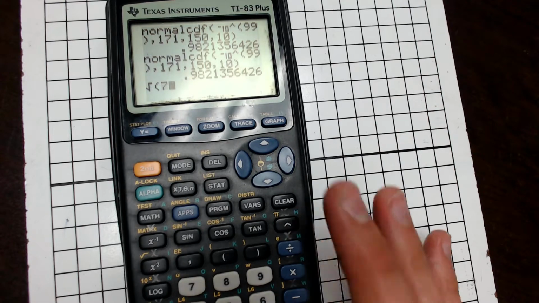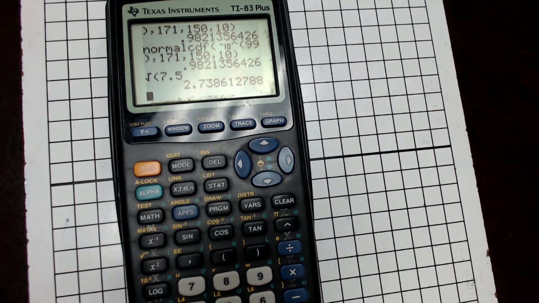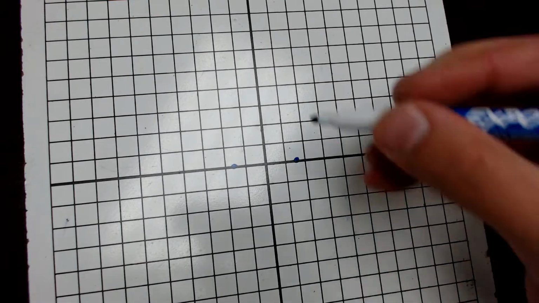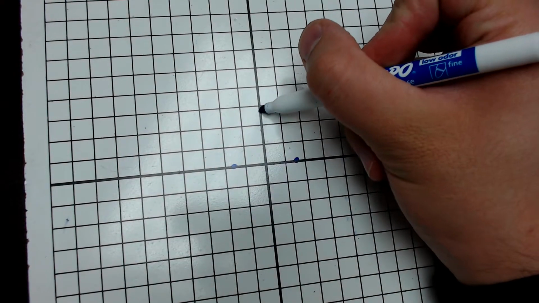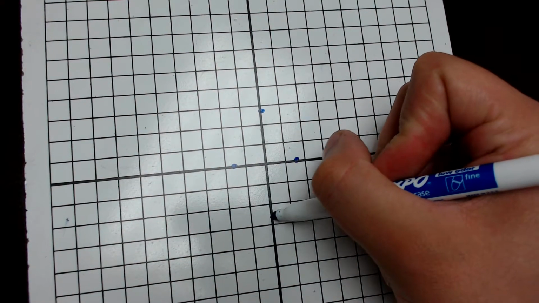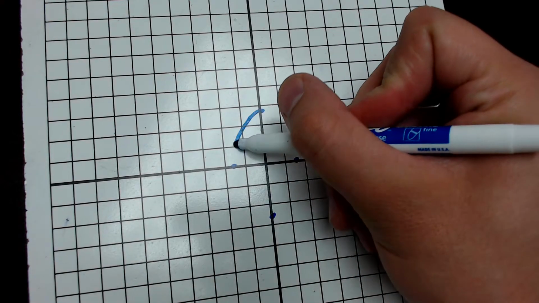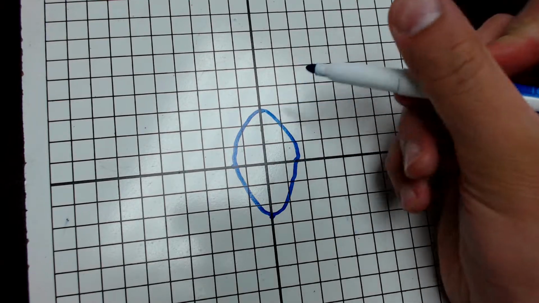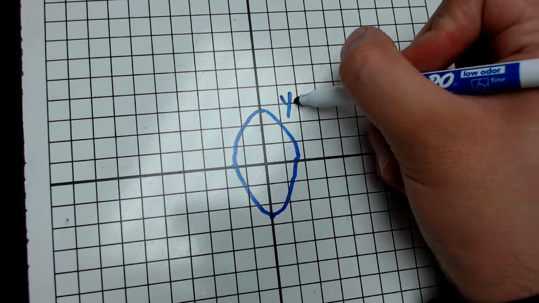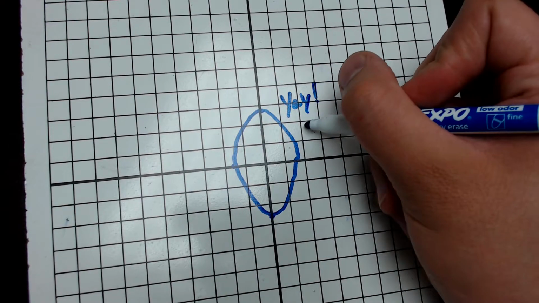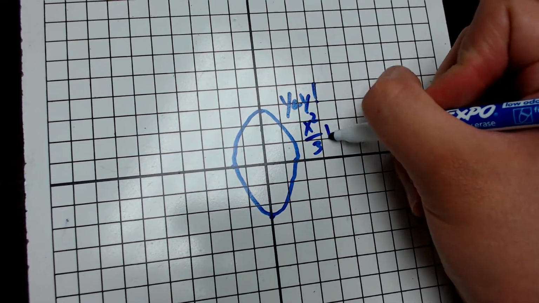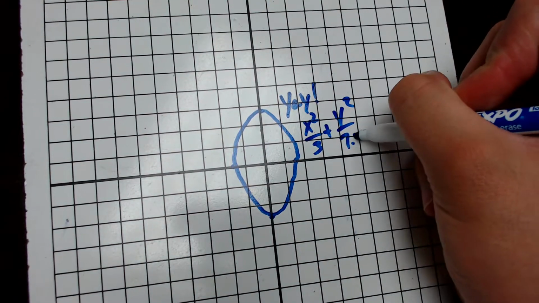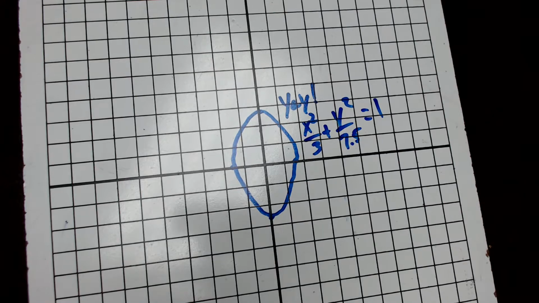Square root of 7.5 equals 2.738 or 2.74, or just 2.7. So for the y-axis, I'll go almost to 3. And then, ta-da! I drew my ellipse. Yay! This is x squared over 3 plus y squared over 7.5 equals 1.